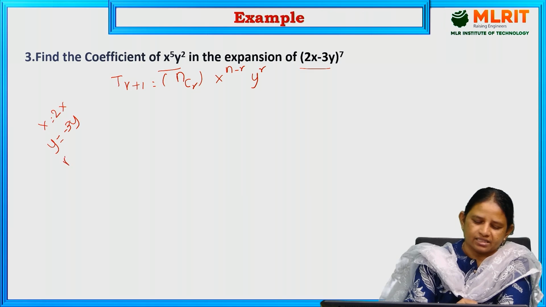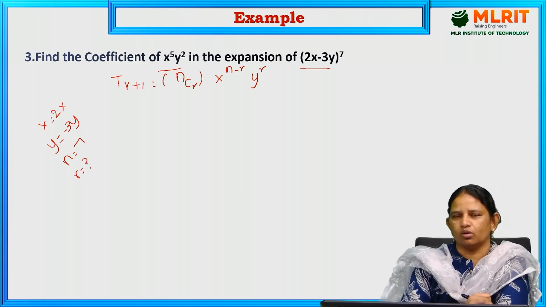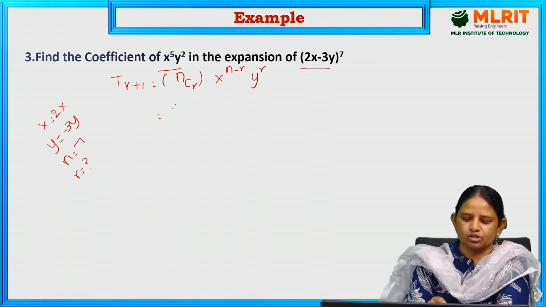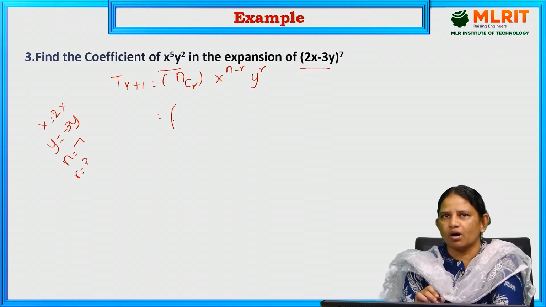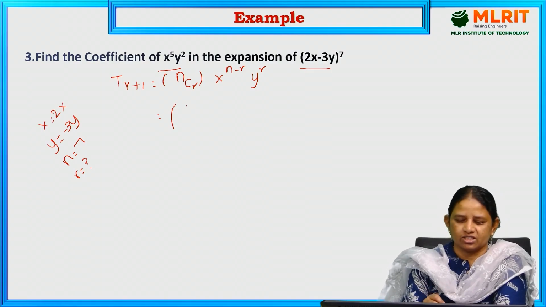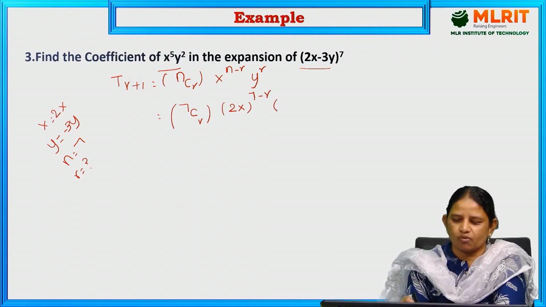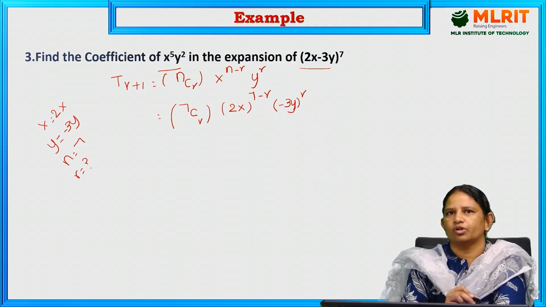then n is equal to 7. We don't know what the r value is. We need to find out the r value. So substitute those values in the general term of the expansion. n is equal to 7: 7Cr, x is 2x with power 7 minus r, and y is minus 3y whole to the power of r.